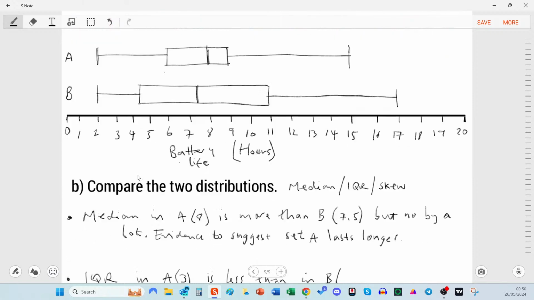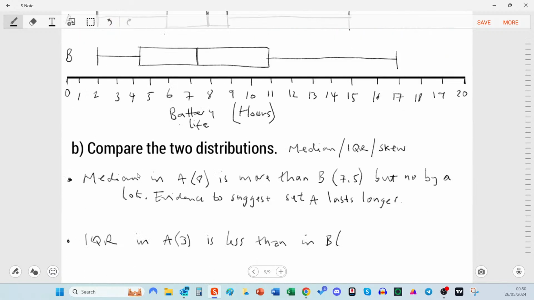Yeah, it's 4.5. And so B being 4.5 to 11, which is 6.5. Which is evidence to suggest.